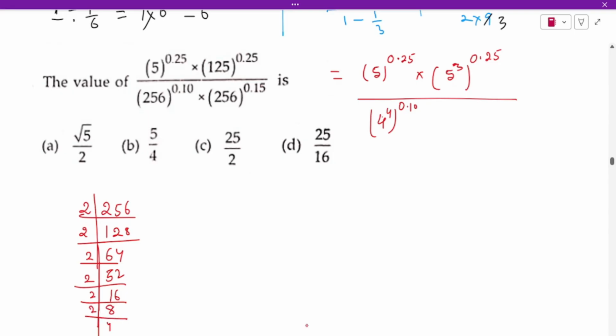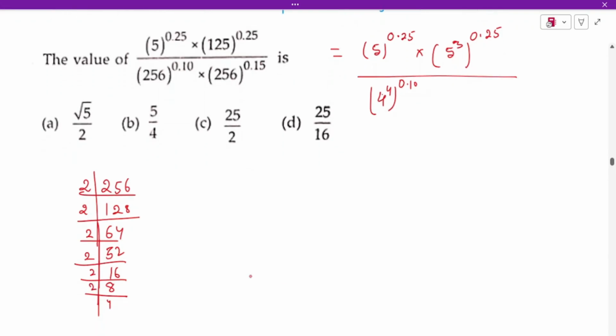So here we found that 2 multiplied 1 2 3 4 5 6 7 and 8 times is going to give us 256. So we can write this in terms of power 2 as well as power 4. So here this is 2 to the power of 8, and the same way here this is 2 to the power 8 times 0.15.